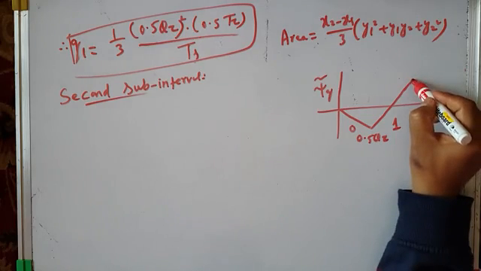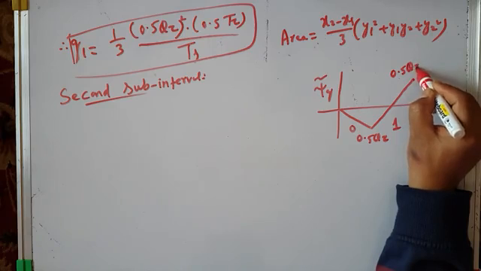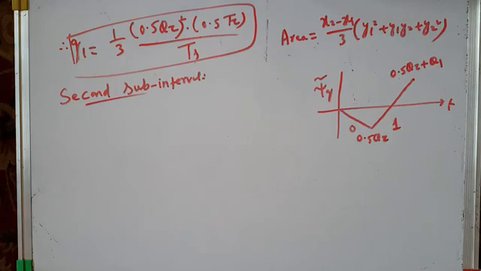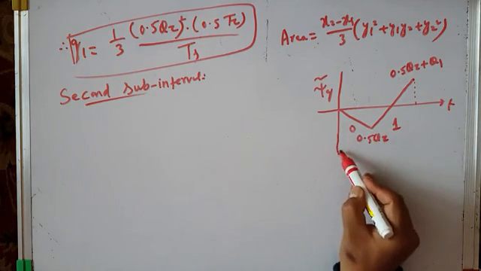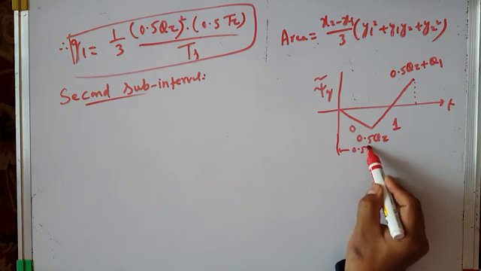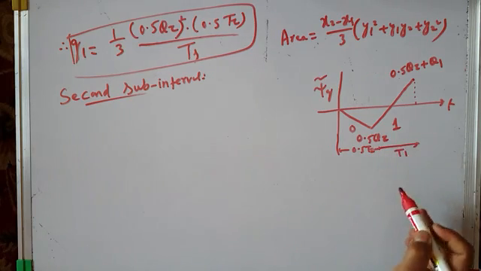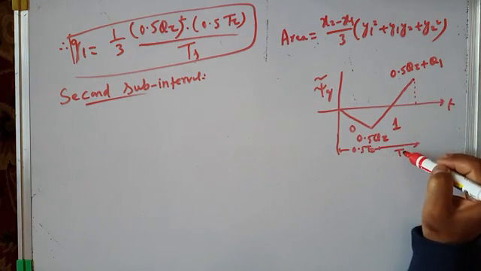The length of this vector is 0.5 qz plus Q1, and the Q1 equation we have already noted down. This time interval is t1, so active vector 1 is applied for time interval t1.